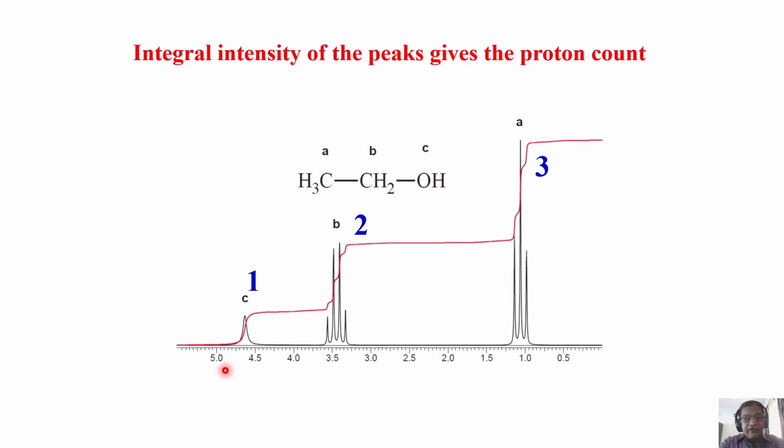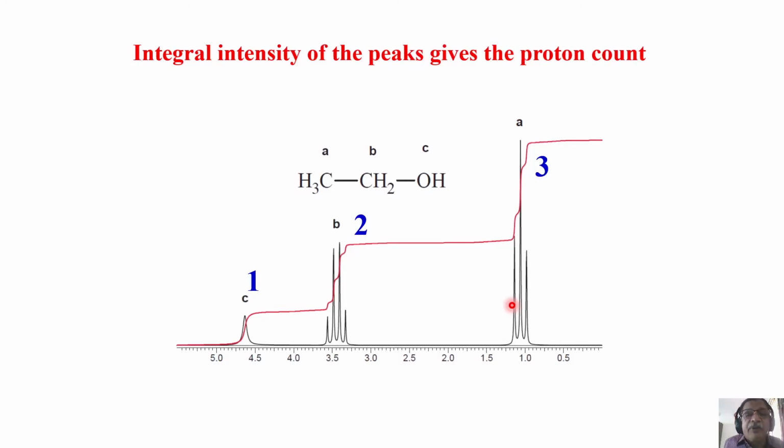If I don't give any of these things, you will not be able to say. It must be relative. That I know this is a single proton CH. Because of this, I can compare. This is twice the intensity. I can compare this as thrice the intensity. If I give you only this one peak, I don't give you the numbers and I don't give this region of the spectrum, you don't know whether it is 3 or 5 or 10. You will not say.